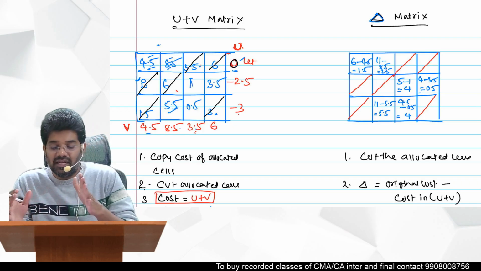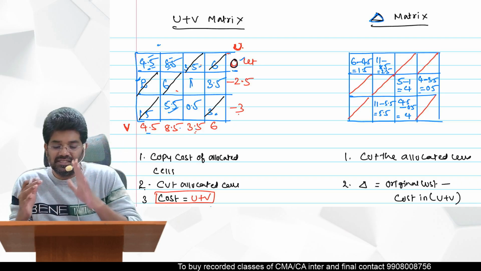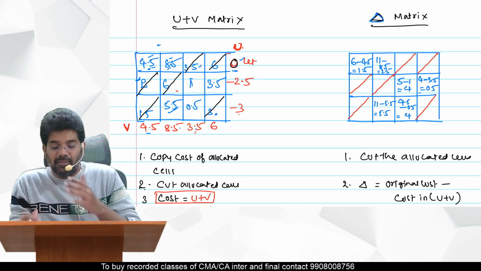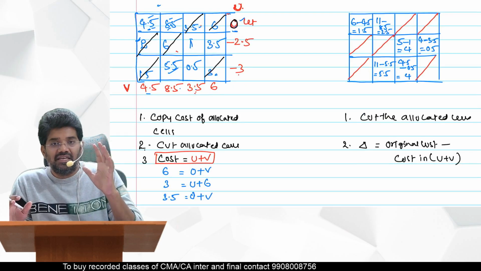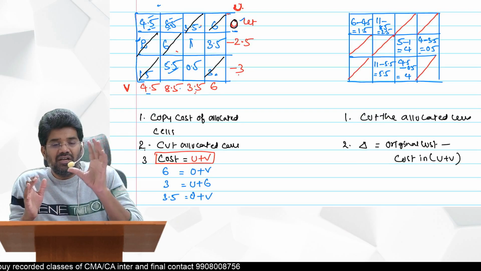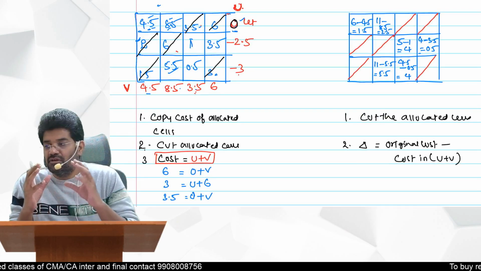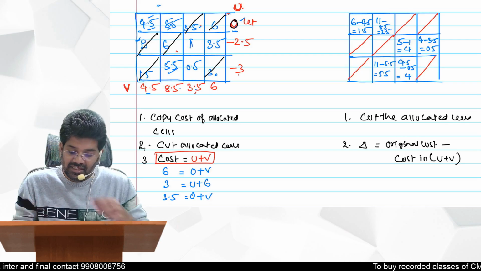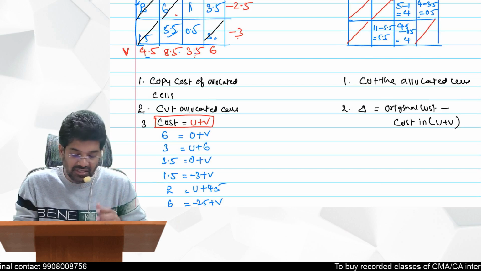Now, how do you calculate the change matrix? Original cost minus the u plus v value you calculated. If these change values are either positive or 0, then you have achieved the optimum solution.